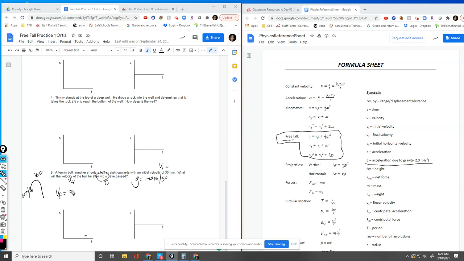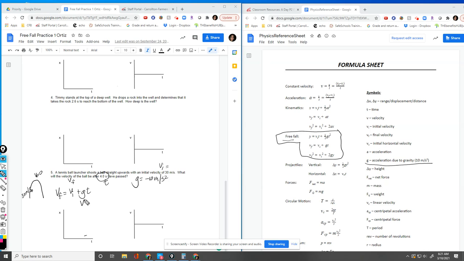Final velocity equals initial velocity plus acceleration times time. We have the initial, we have acceleration, and we have the time. We don't have final. That's what we're looking for. So we're going to find out what the velocity is when these other conditions have happened, okay?